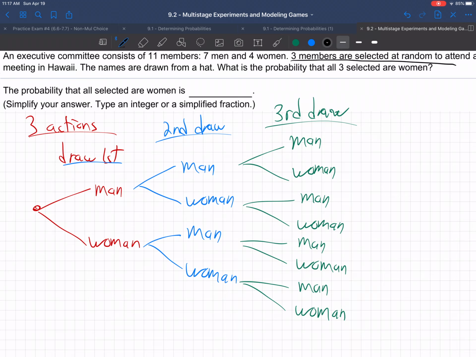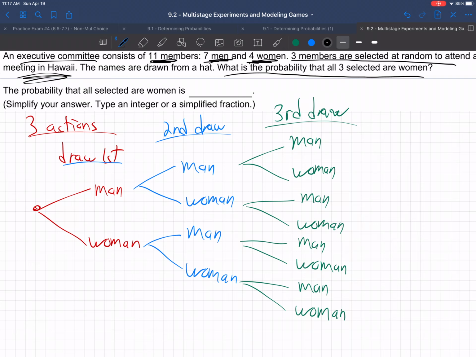The first time you pull out in the hat, there are 7 men and 4 women, 11 names in the hat for the executive committee. We're going to select 3 at random to attend a meeting in Hawaii, right? Everybody wants to go to the meeting in Hawaii, so they have to select the names at random from the hat. And they're asking us, what's the probability that all 3 selected are women?